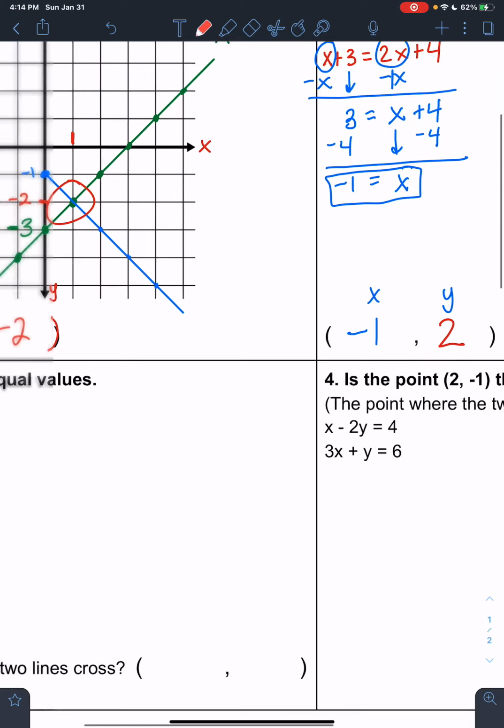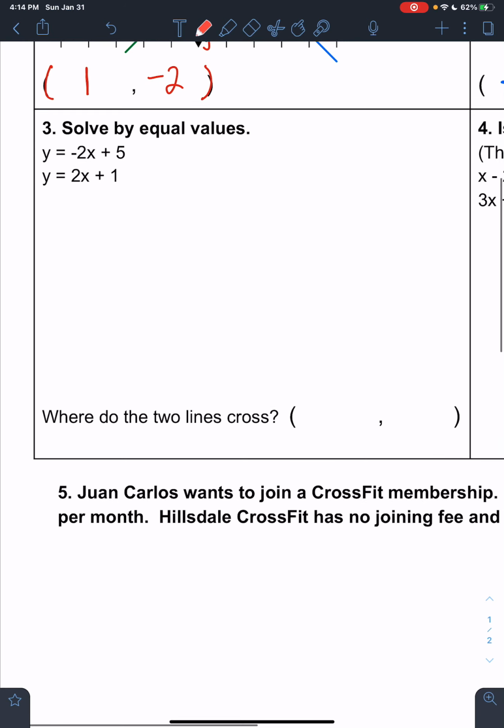The next one is the equal values method, and it's really similar to substitution, but often we are talking about a situation where we have an equation for two different companies or two different days of sales, and what we want to know is when they are the same.